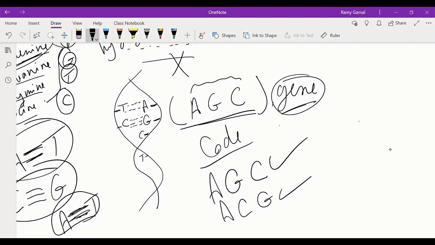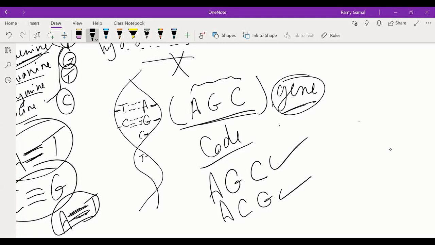Any problem in the sequence or the arrangement of the nucleotides of a person's DNA may cause a disease. Maybe the person has the defective gene but does not show the disease or the symptoms. It depends on the disease. We will explain examples regarding this.